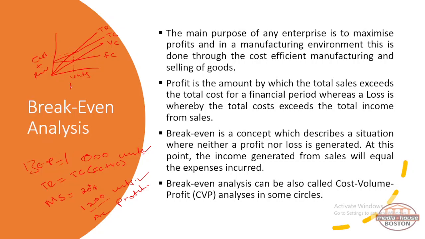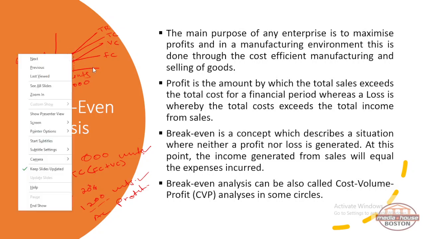We have sold maybe 1000 units here, and the total cost is 6000. So we have manufactured 1000 units and we have sold 1000 units, and the total cost and total revenue are both 6000. So we have reached this point, where we haven't made any profit or loss.